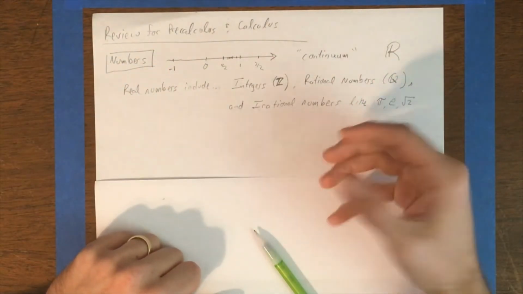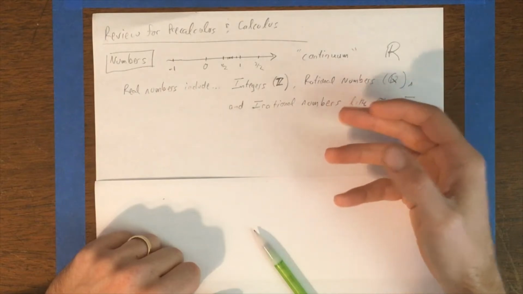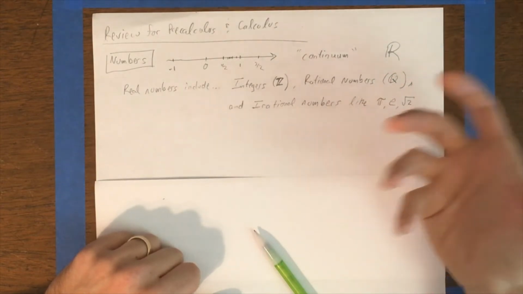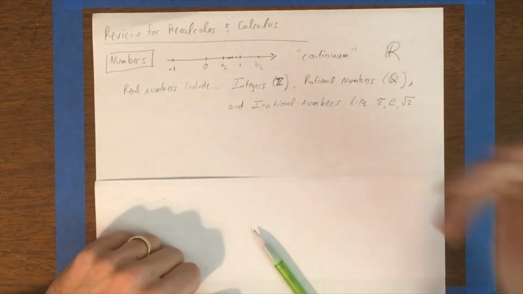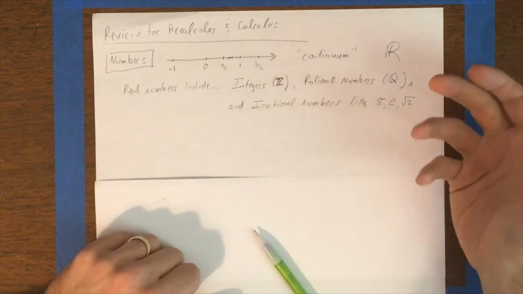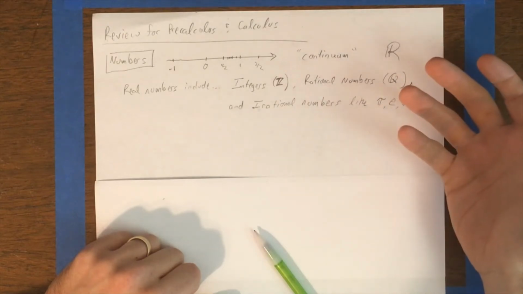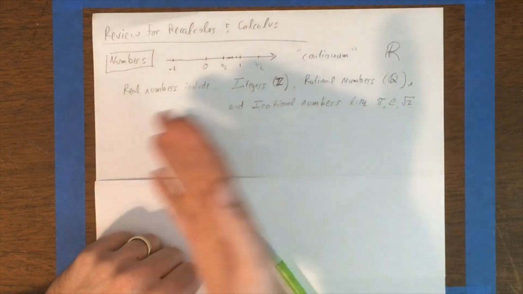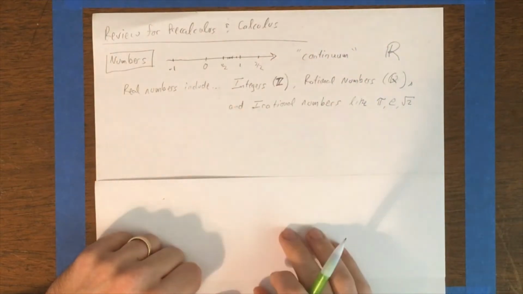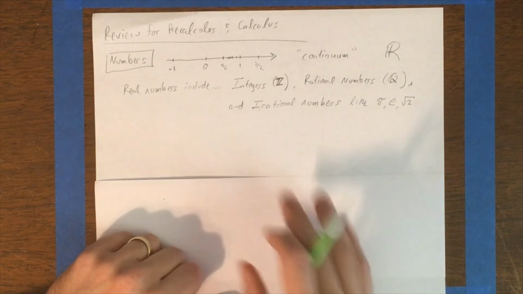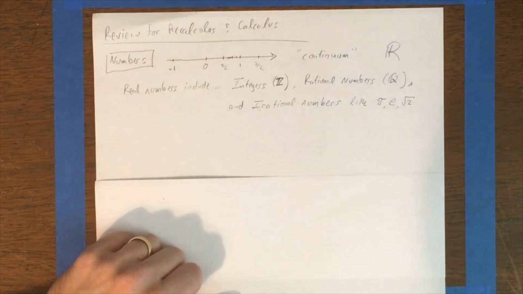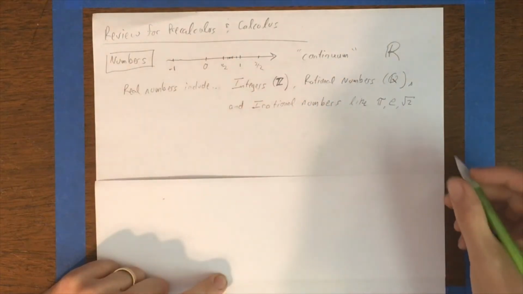So if we want to use mathematics to describe reality and model it so that we can make predictions and design things, it makes sense to use a continuous number system because our reality is continuous. That's the kind of space we're going to be working in. This is one-dimensional, but we're going to be working in two dimensions, and I might talk a little bit about three dimensions as well at some point.